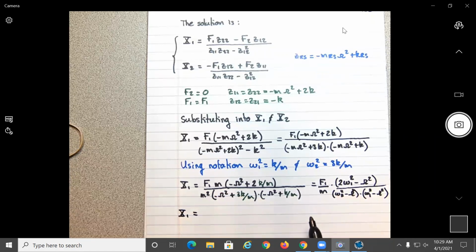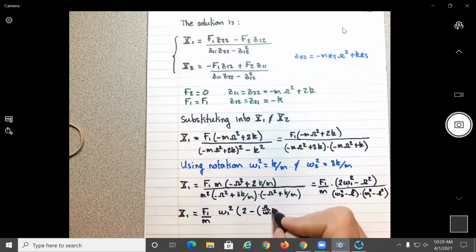Okay, so now if I factor out the omega 1 square, what are you going to have for this one? Let's do the steps. So we factor out this one by the omega 1 square. What are you going to get? 2 minus capital omega divided by omega 1, everything squared.